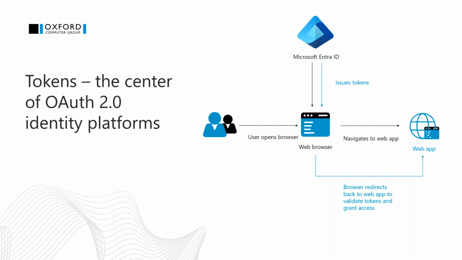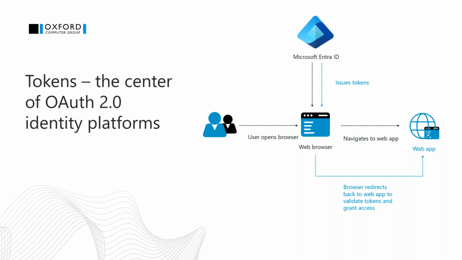And in a typical flow, the user opens a browser, they navigate to that application, they sign into their identity provider, which issues them their token, and they're redirected back to that application with that valid token, which is then consumed.